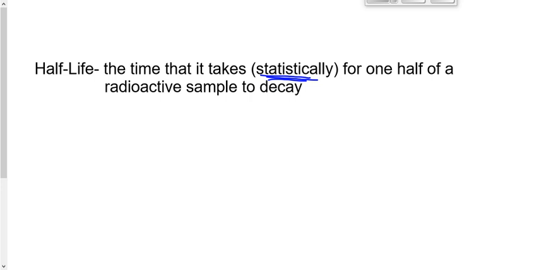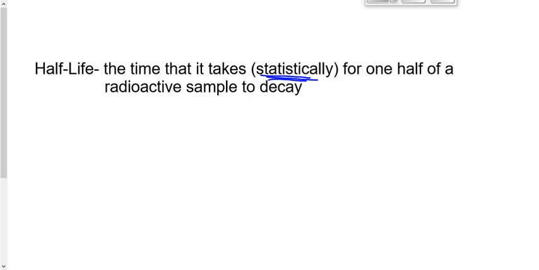We don't control it. It happens when it wants to happen. All we can do today or 10 years from today is predict based on statistics what's going to happen. And if we have a big enough sample size, those statistics usually work out. If we have a small sample size, then not so much so.